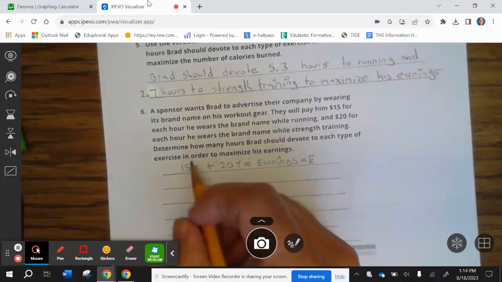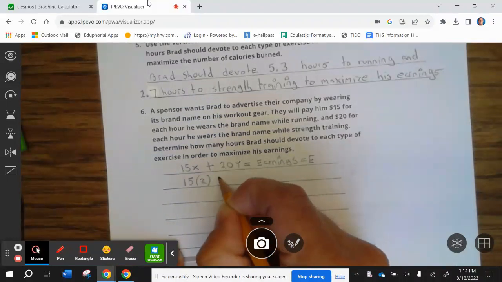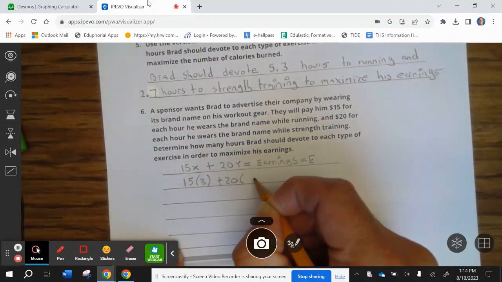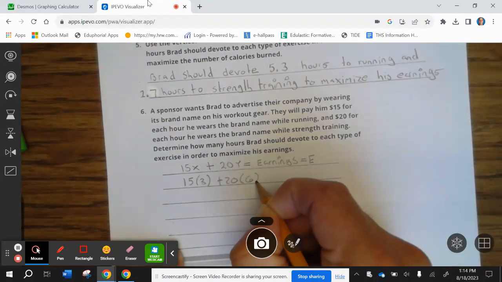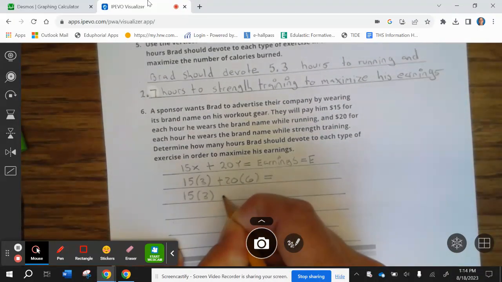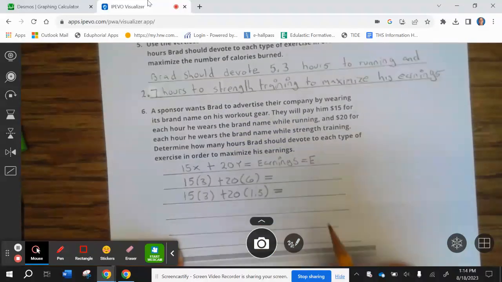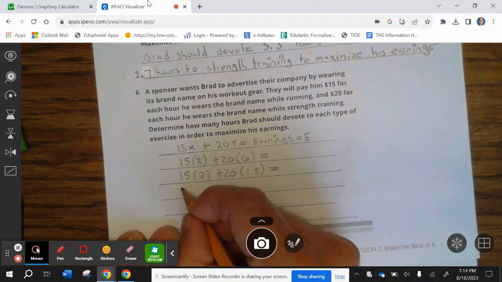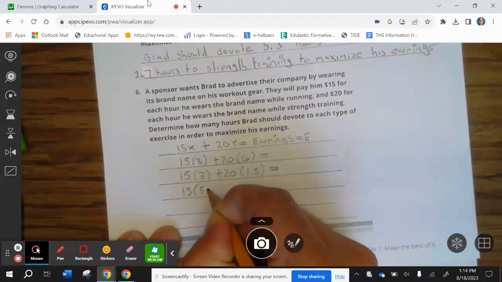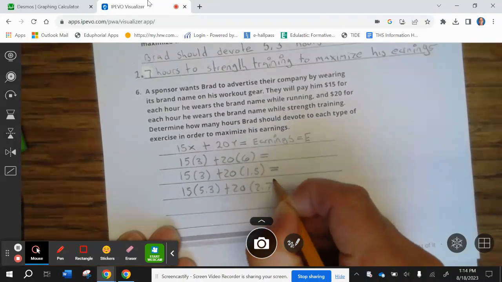So we're going to do 15 times 3 plus 20 times 6 equals. We're going to do 15 times 3 plus 20 times 1.5. We're going to do 15 times 5.3 plus 20 times 2.7.